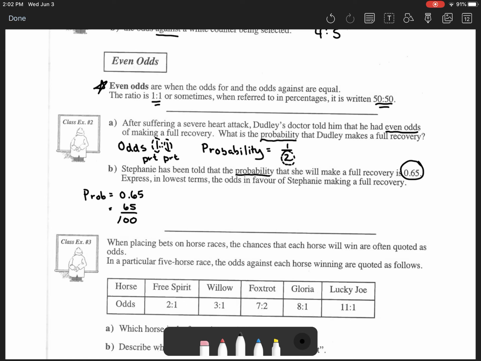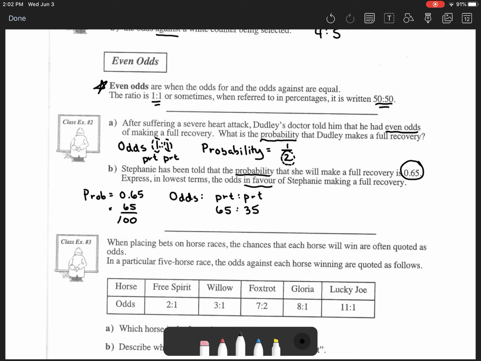Now, when I take a look at that, and I now want to write that in terms of odds, remember odds has to be part to part, doesn't it? They want the odds in favor of Stephanie making a full recovery. So her making a full recovery is 65. The part where she would not make a full recovery, therefore, is 35.